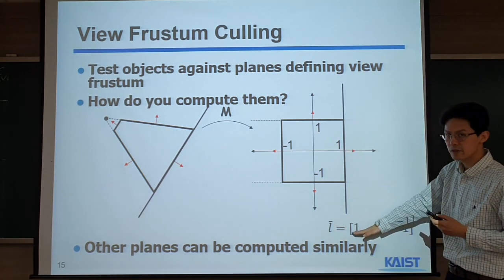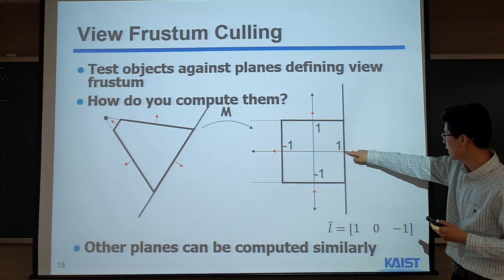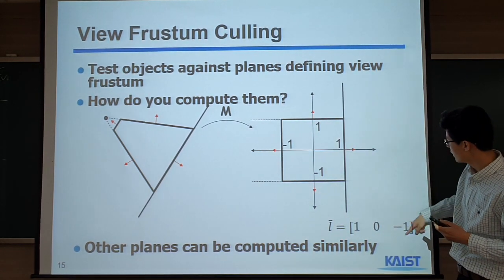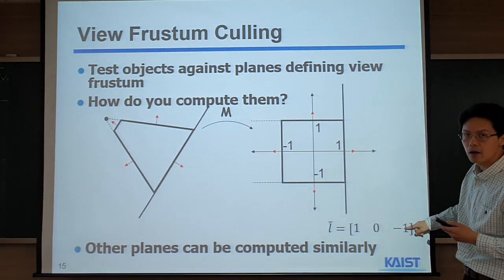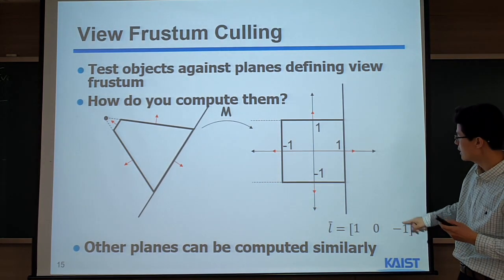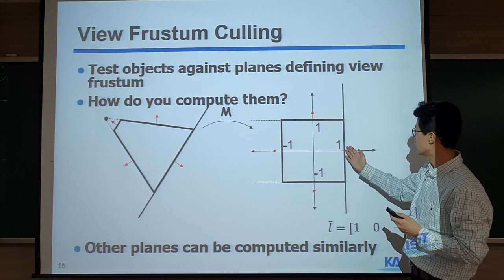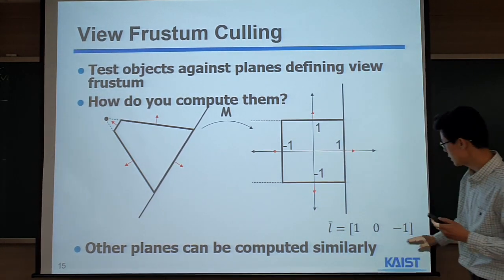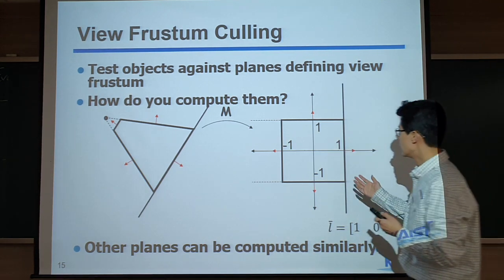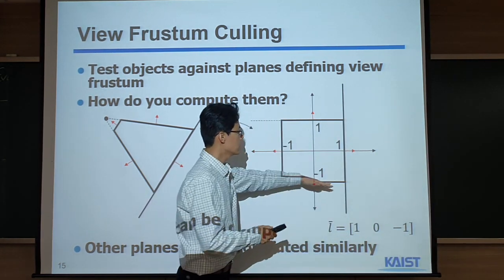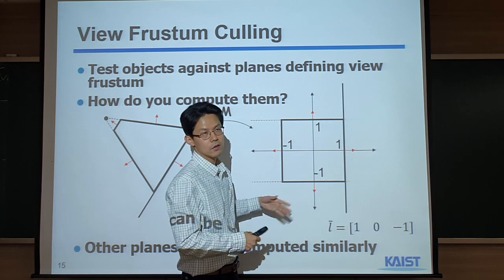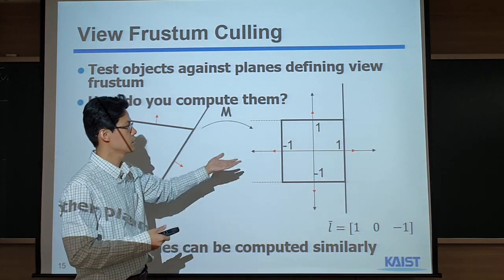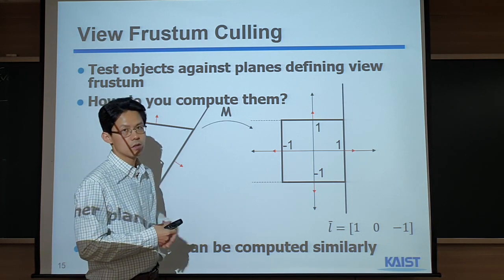Basically this coefficient is the normal, heading toward that direction, so this is 1, the y component is 0, and this is -t, as you might remember. So this line is located 1 unit away from the origin, and that's why you get -1. In that space, we know the clipping coefficients, so that we can perform these various operations more efficiently within that space.